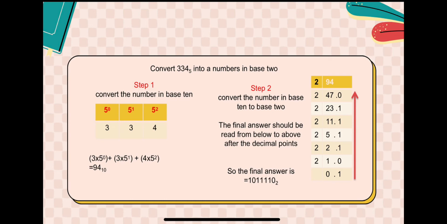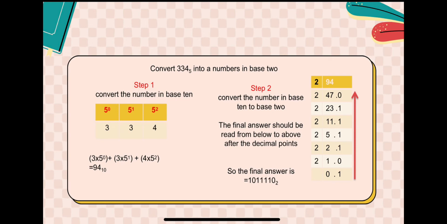So we divide 94, but we don't have to write the base 10 to divide. We just put the number 94 and divide it by 2. Why 2? Because the question asks to change it into base 2.